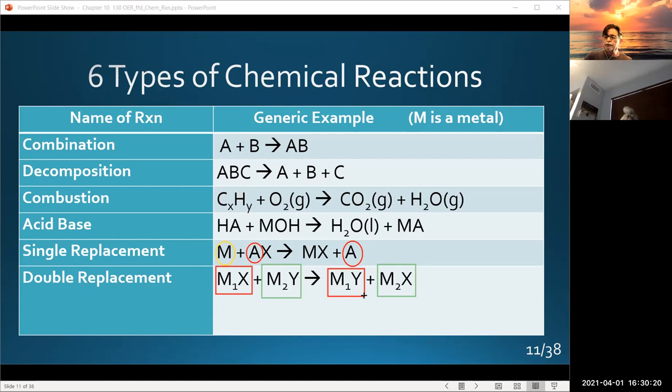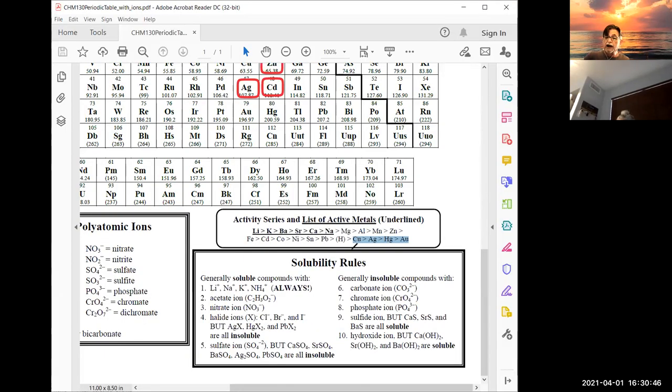Now, how do we know if a reaction proceeds or not? Well, if one of the products that is created is insoluble, then we have a reaction. What we utilize is the solubility table right here to tell us whether the product is soluble or insoluble.